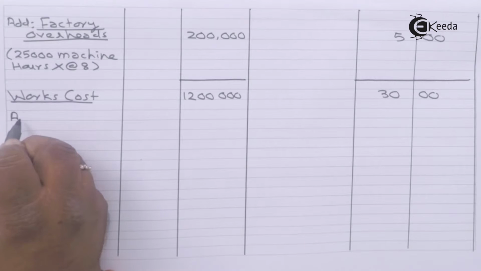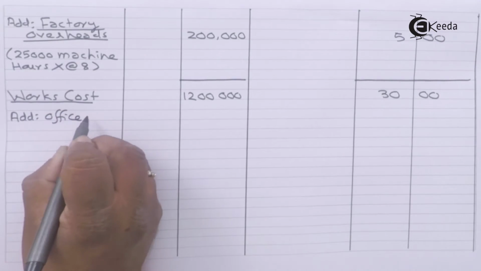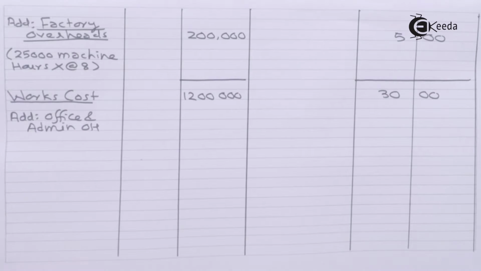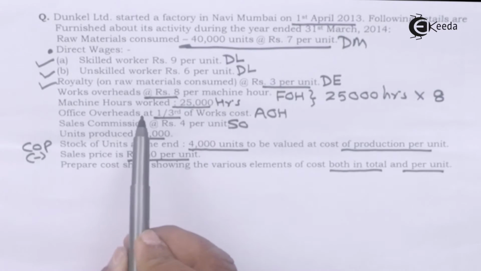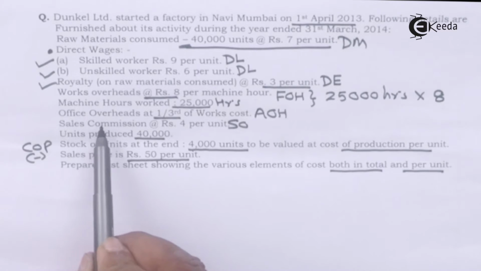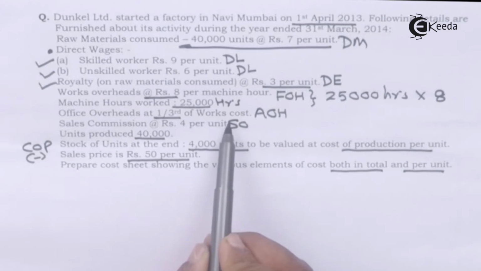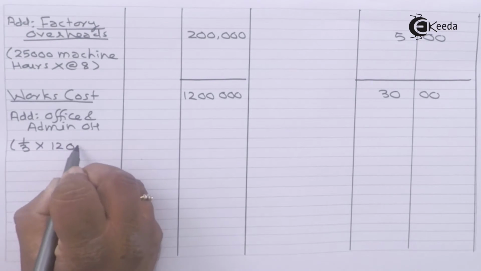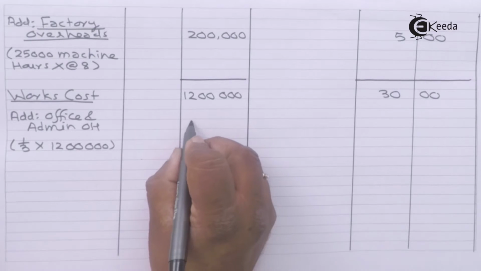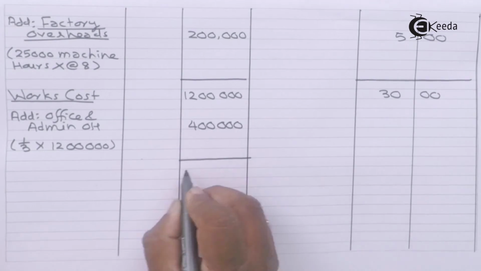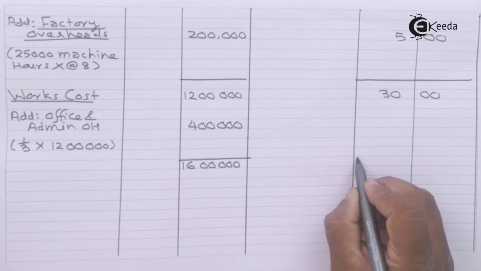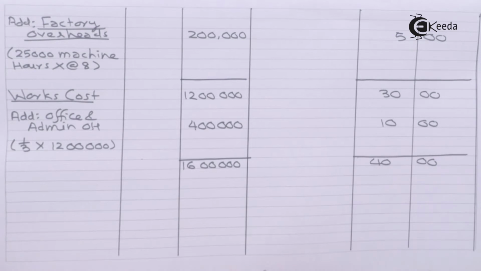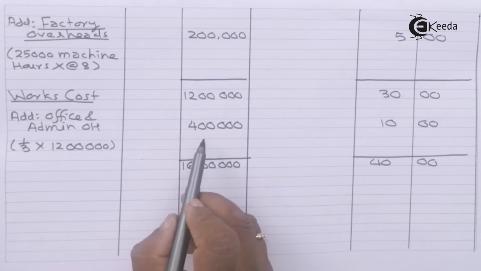To this we are going to add office and administration overheads. Office overheads at 1/3 of works cost. So office overheads 1/3 will be 4 lakhs.